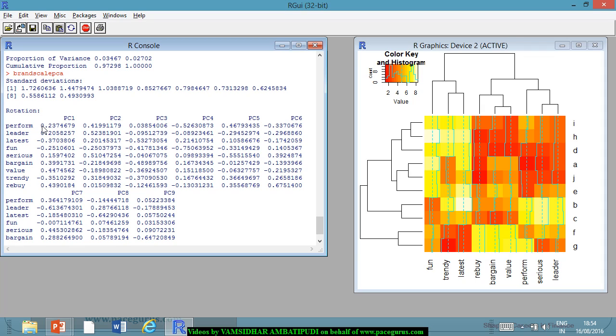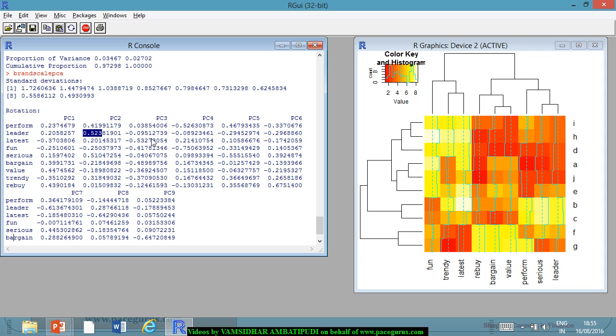In that I could see that trendy, latest and fun have a negative relationship, whereas all others have some positive values. Whereas in PC2, I could see fun, bargain and value carrying negative numbers. Serious, leader, they are all more or less similar. They are carrying similar kinds of values, right?